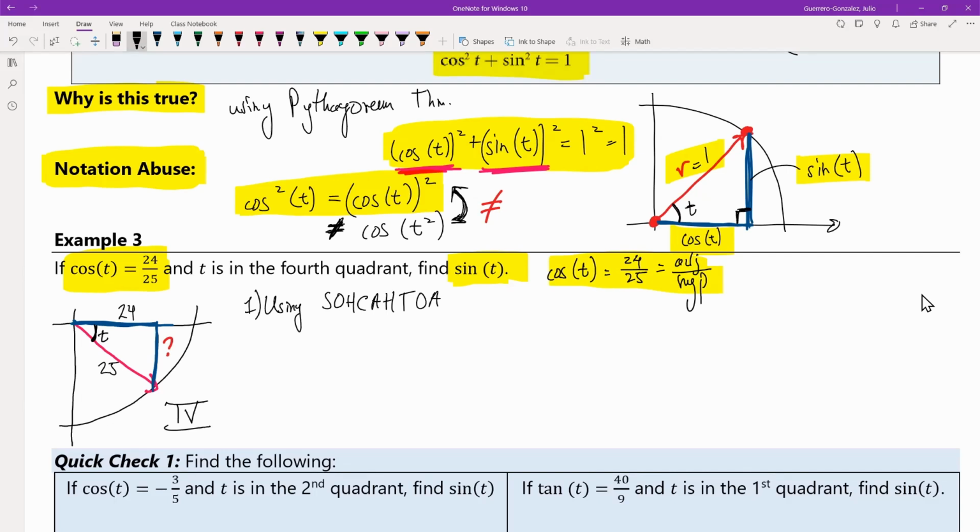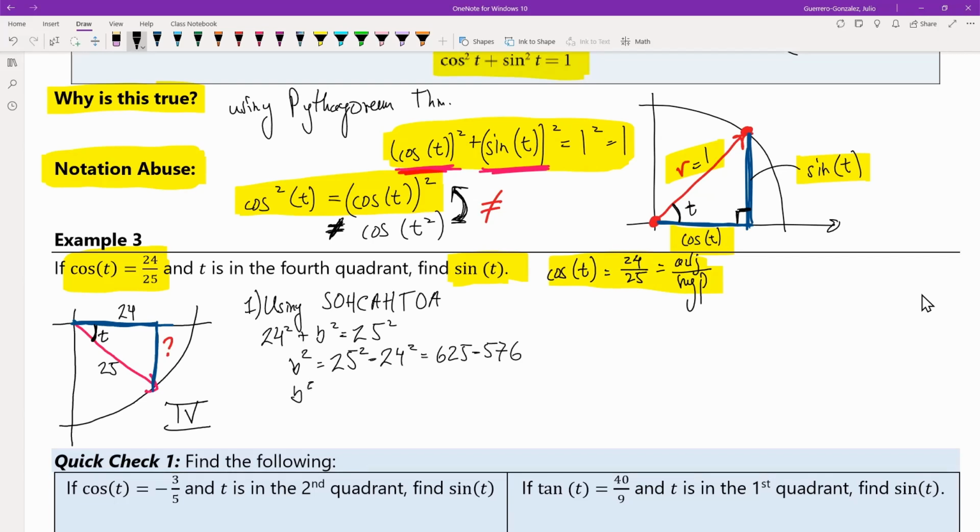So 24 squared plus b squared is equal to 25 squared. B squared is equal to 25 squared minus 24 squared. 625 minus 576.